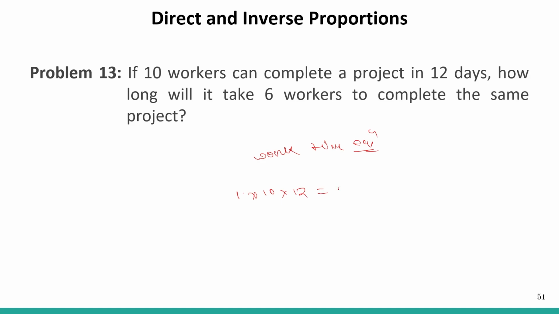We have 1 task and 6 workers, so the number of workers is 6. The number of days we don't know, so let it be X. This implies that X is equal to 10 into 12 by 6, which is 20. So 20 will be the final answer. That is, it will take 6 workers 20 days to complete the same project.